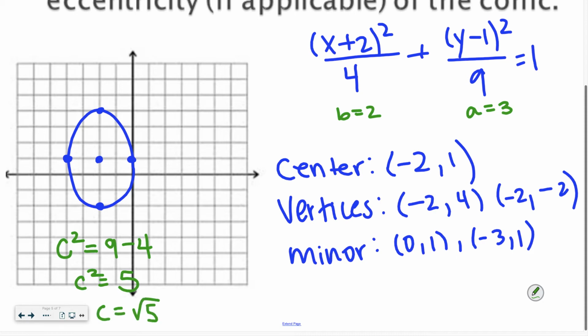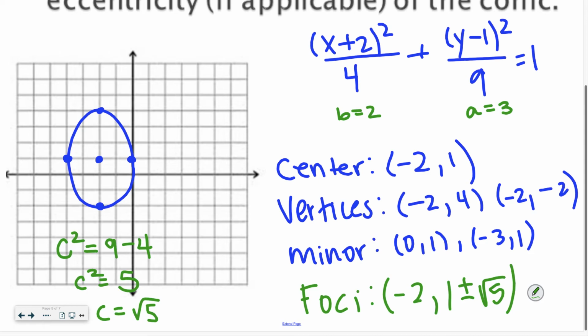So c would be radical 5. And our foci, this time we would write as negative 2, and then the 1 plus or minus radical 5, because we would have to move vertically. And I know that radical 5 is a little bit more than 2, because radical 4 is 2, so I can plot them approximately right there.